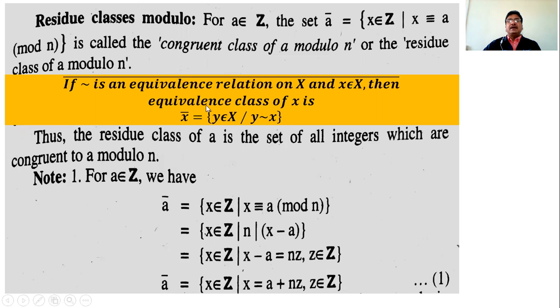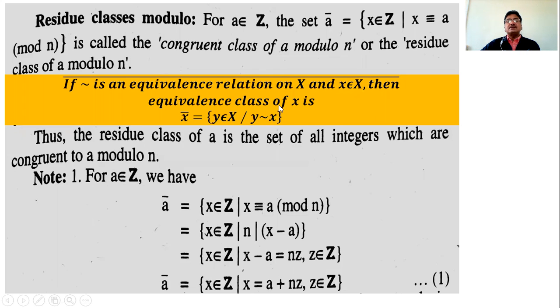So if the relation is an equivalence relation on some set, and we take any element of that set, then we can find its equivalence class.